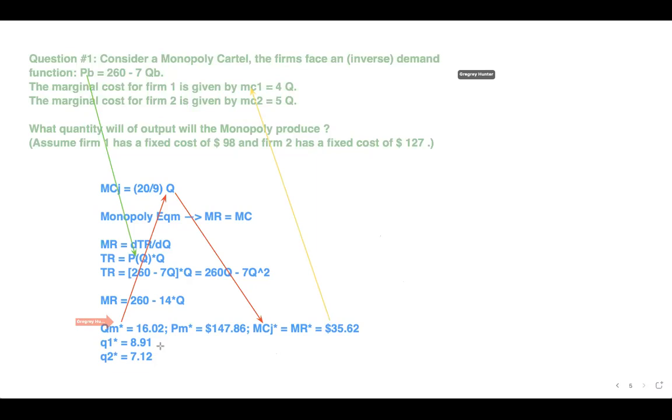The cartel manages, such that the marginal cost of producing at each factory is the same, right? So they're both going to have this marginal cost of $35.62 per unit for the last units that they produce.